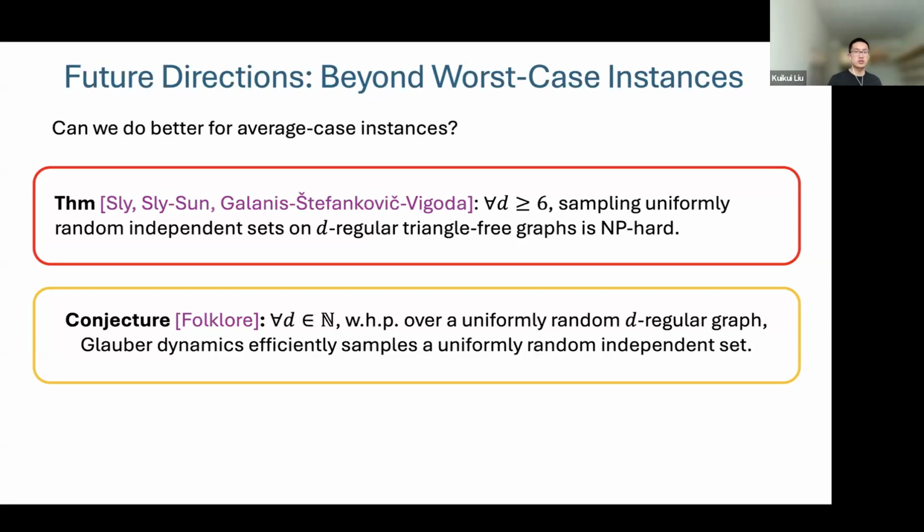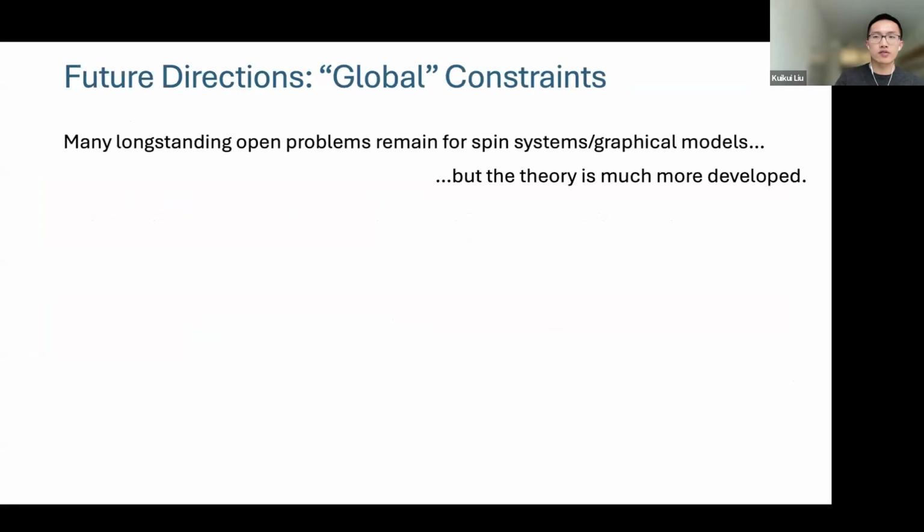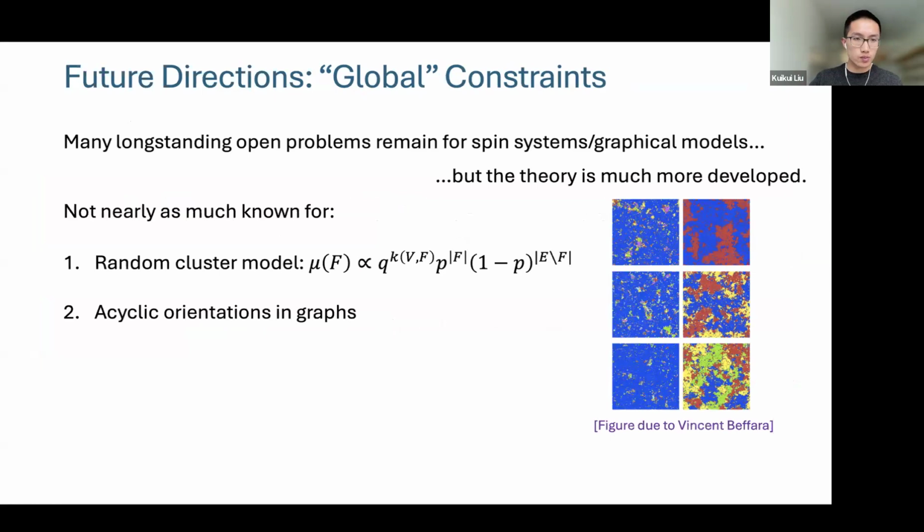Currently, we don't have many tools to study conjectures like this, or to study the average case behavior of these sampling problems. A final direction that I want to mention is understanding distributions that have more global constraints.